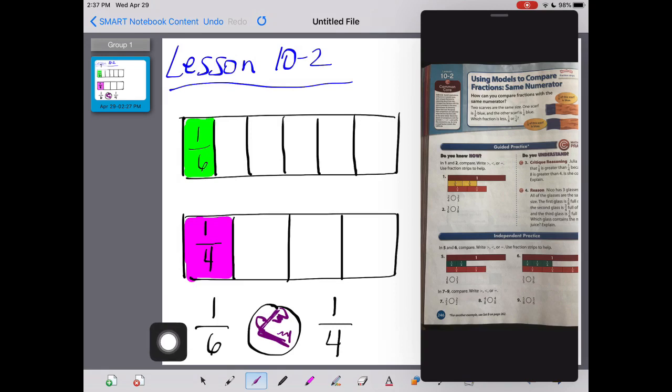And so what you're going to notice with fractions is that if the numerator is the same, and for instance, this is 1 and 1, one part here, one part there, then the bigger denominator is actually going to give you a smaller piece. Think of it like a candy bar. If you have two equal sized candy bars, one has been cut into sixths.